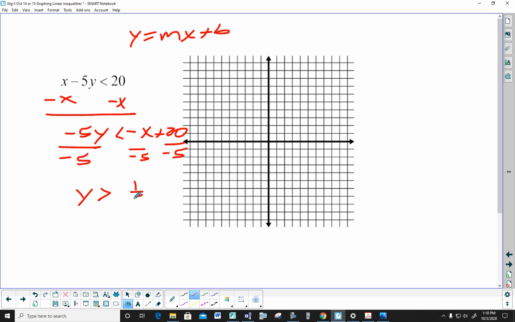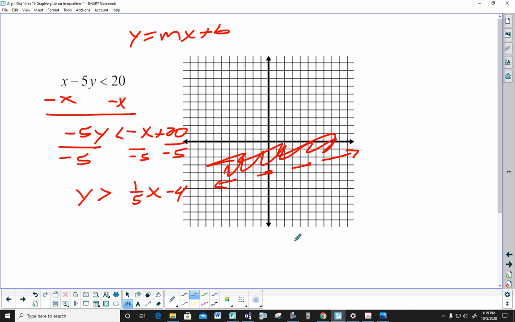So that would be y is greater than 1/5 x minus 4. So you go to -4, 1, 2, 3, 4, and 1/5, so up 1, 1, 2, 3, 4, 5. Okay? The line is dashed because it doesn't contain an equal sign. Y is greater, so you're shading above it.